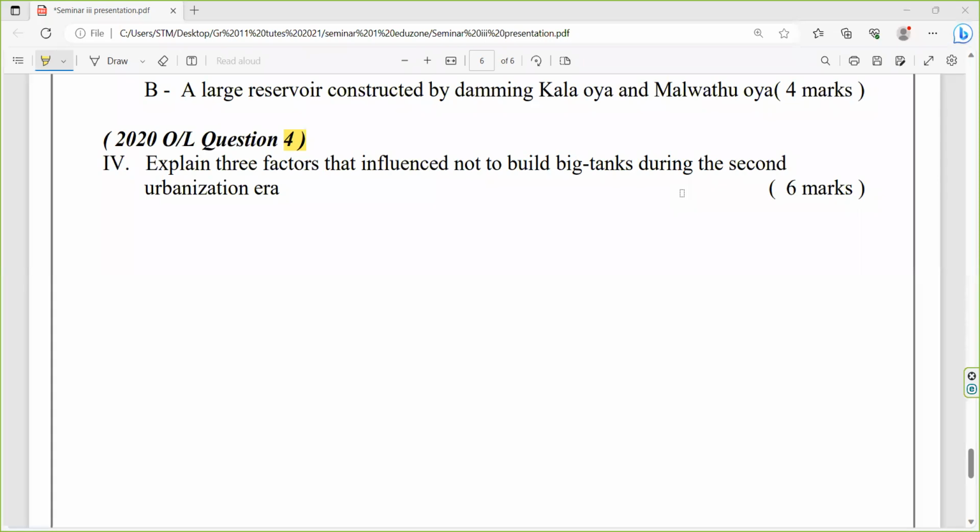These kingdoms are located in the wet zone, so with a lot of rainfall there was no need of storing water. The cities were small, so no urban water requirements, and no floods, so no need of controlling floods. The three objectives were not there, so that's why they did not construct the tanks.